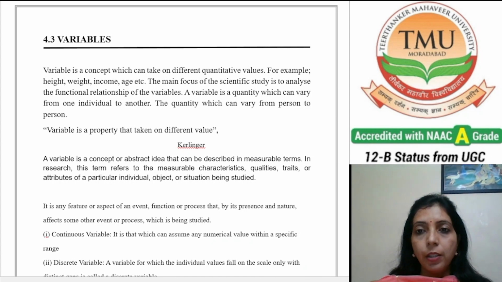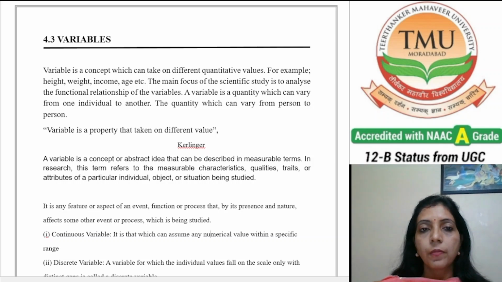In today's session, we are going to discuss variables. So, what is a variable?